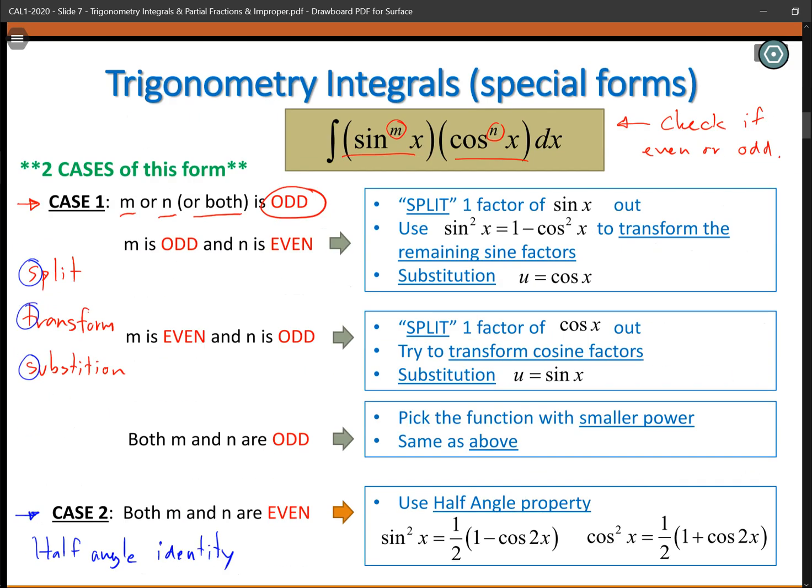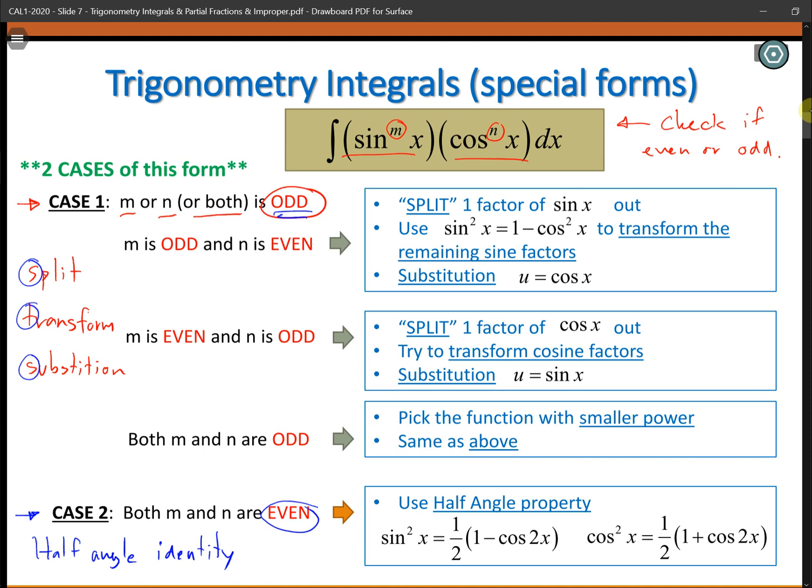If we notice any m or n that is odd, we use STS. And if none of them is odd, or you can say that both of them are even, we use the half angle identity. Same strategy. All right, now let's take a quick look at case 1.